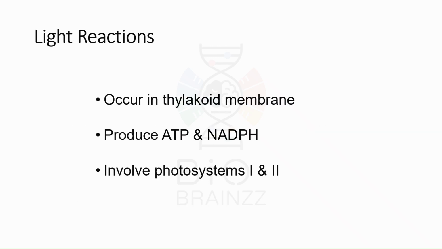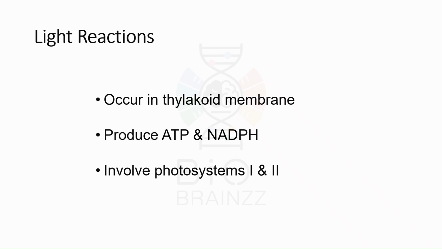In this slide, we are focusing on the light reaction of photosynthesis. These reactions take place in the thylakoid membrane of the chloroplast and require light energy. The main purpose of this stage is to convert light energy into chemical energy. During light reactions, ATP and NADPH are produced, which are later used in the Calvin cycle.